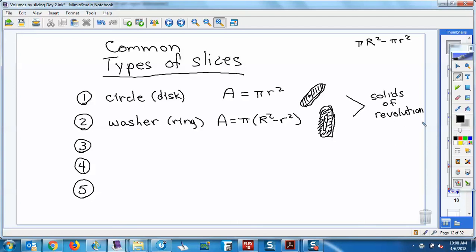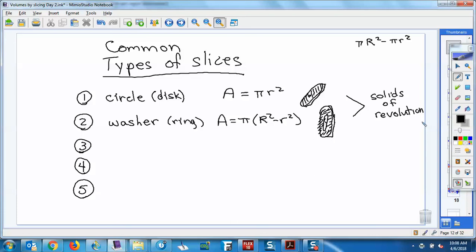So they're either going to have empty space, which would be a washer, or not have empty space, which would be a disc or a circle. Okay, so what other types of regions could we run into? What other types of shapes could we have that have slices, but they're not circular type slices? They're other shapes, right?